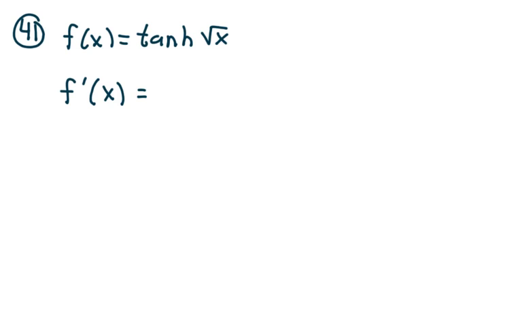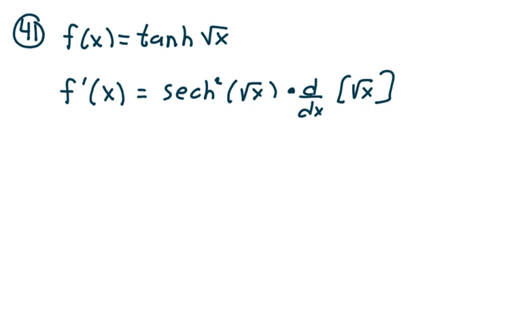Now, this is hyperbolic secant squared of square root of x times the derivative of square root of x with respect to x. By the way, square root of x is the same as x to the half.